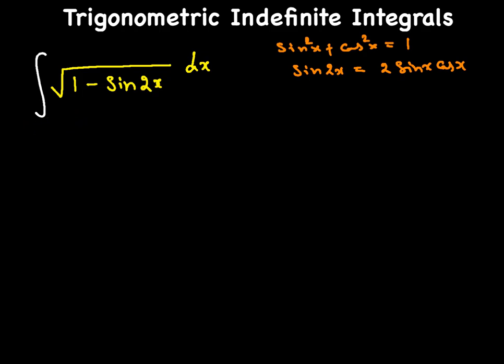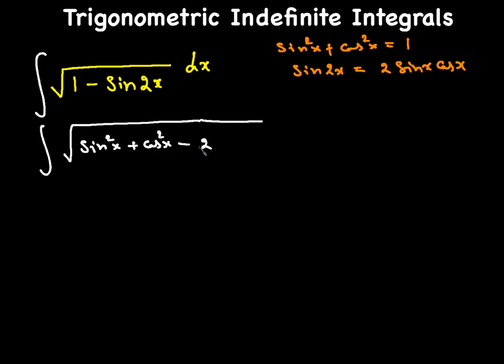Okay, let's do it. So we've got the integration. Instead of 1, I'm going to change this 1 to sine square x plus cosine square x. So that gives me sine square x plus cosine square x. Okay, and sine 2x will change to negative 2 sine x and cosine x.